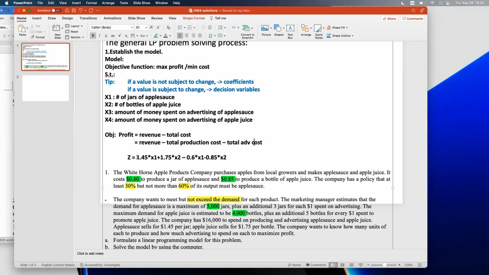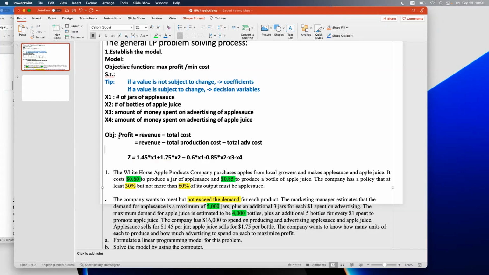All right, so that's the revenue, that's the total production cost, and we only need to subtract the advertising cost. So advertising cost is determined by X3 and X4. So that's our objective function.